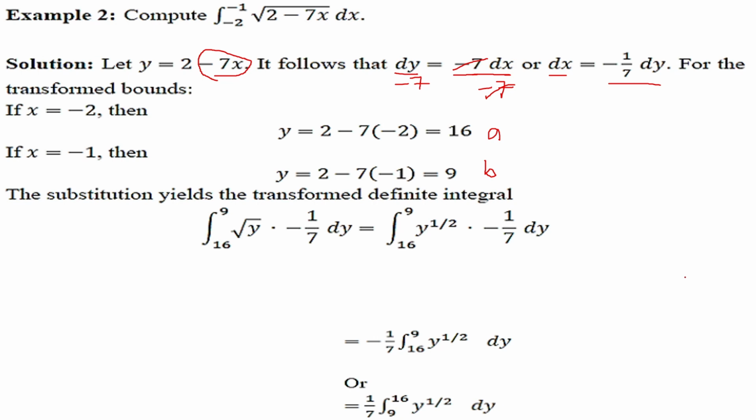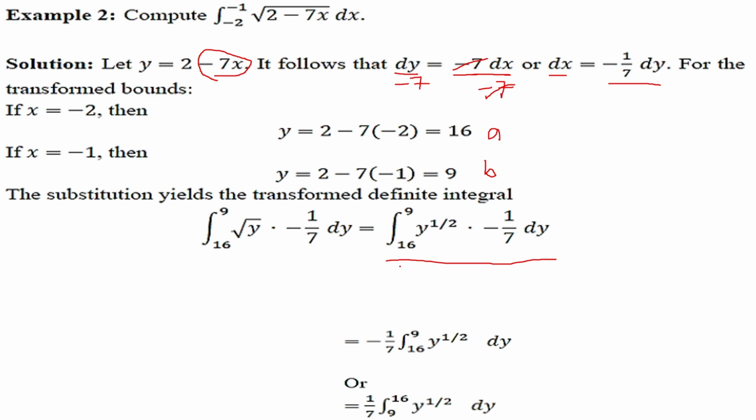Now let us proceed to our given. Our given is the definite integral from 16 to 9 of the square root of y times -1 over 7 dy. Putting it in our equation, it will be the definite integral from 16 to 9 of y raised to 1 half, since the square root is raised to 1 half, times negative 1 over 7 dy.